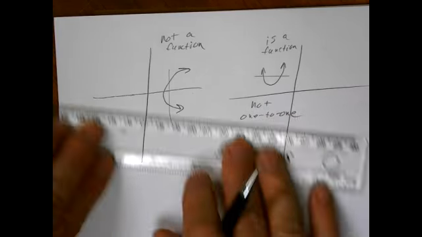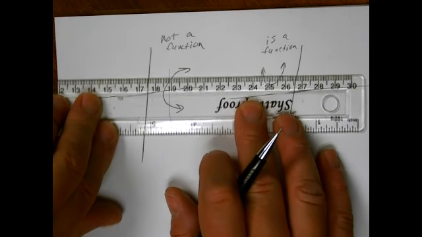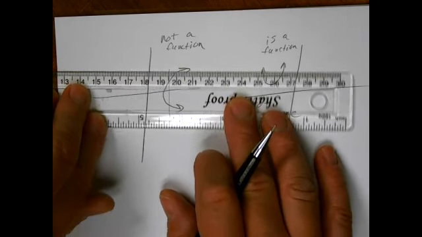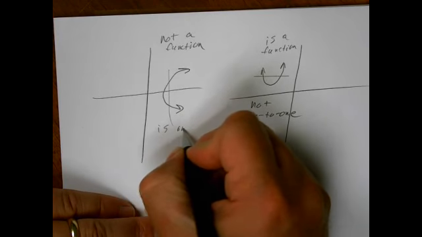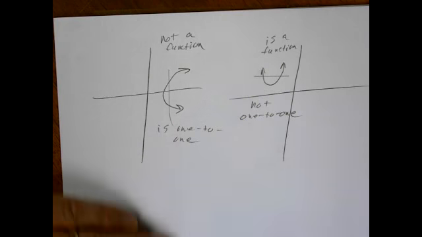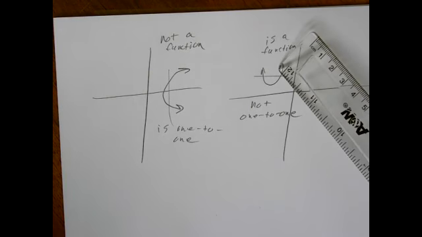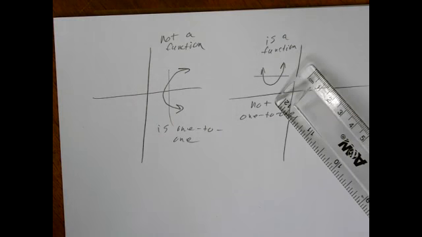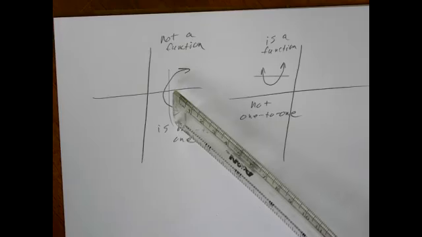Whereas the graph on the left, I can draw a vertical line, a horizontal line anywhere I want, and I won't hit it more than once. So this is 1 to 1. The one on the right is a function, but its inverse will not be. This is not a function, but its inverse will be.